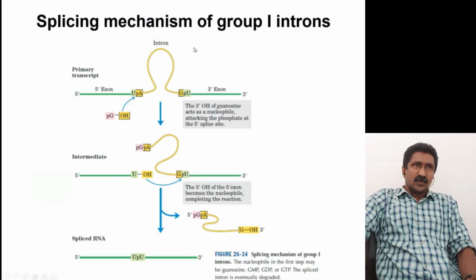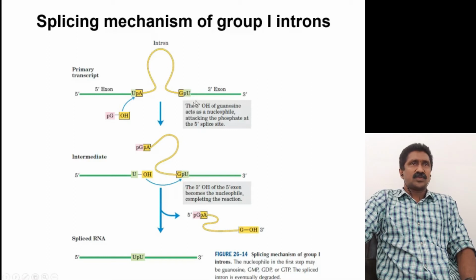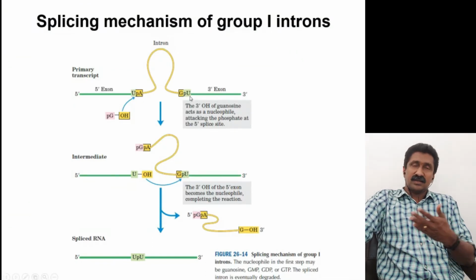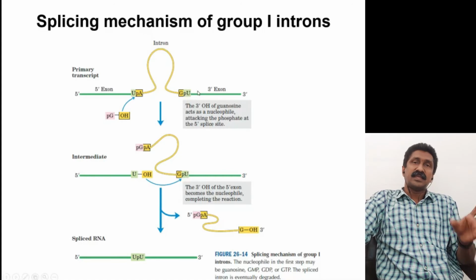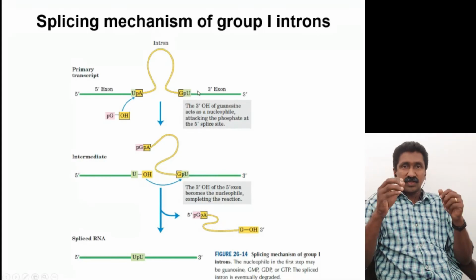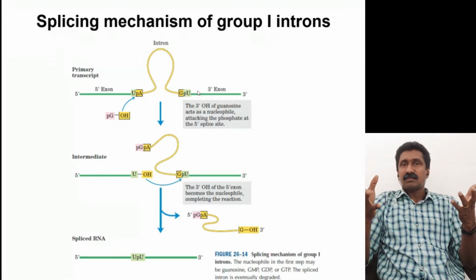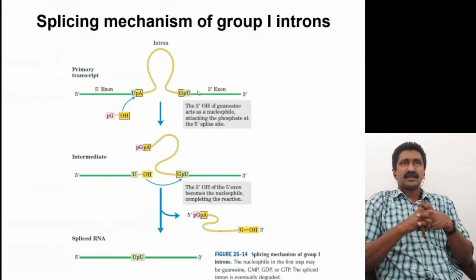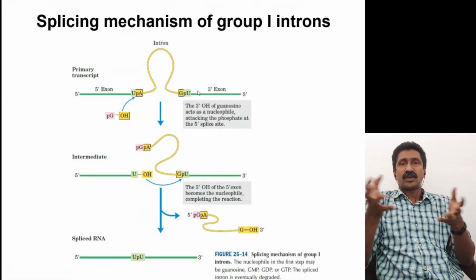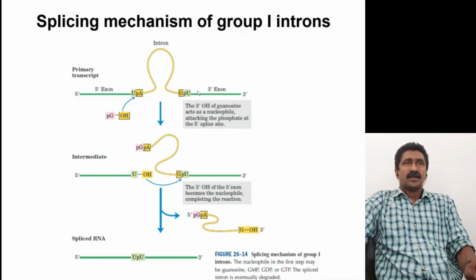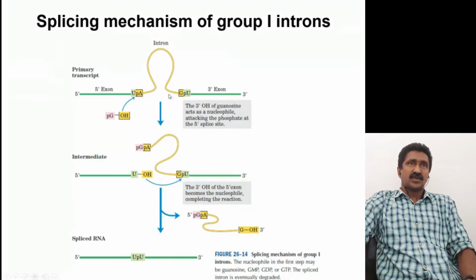Here, this is exon 1 and exon 2, and this yellow portion is the intron. As I mentioned, spliceosomal introns have specific end sequences, but in this case end sequence is not relevant. Usually it is self-splicing, so it won't require the support of spliceosomes.